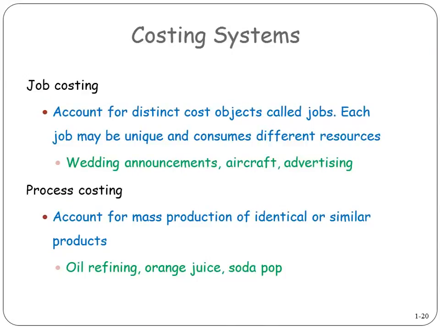Next week we'll talk about costing systems, job costing, and process costing. Job costing. If you're an accountant or you're a management consultant, you have a job. You accumulate the costs into that job very specifically. The people who are working on that job charge that job.